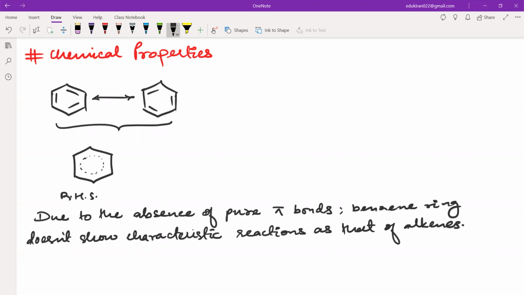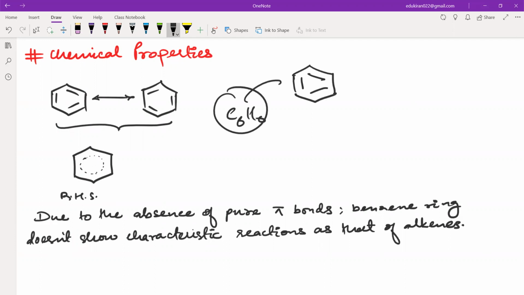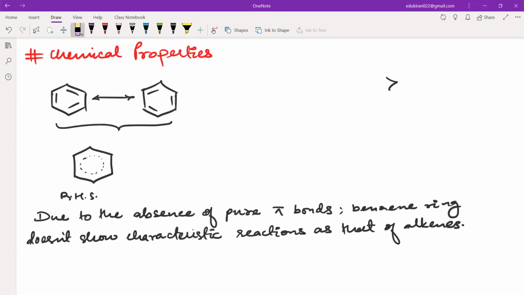So obviously it is nothing like an alkene. And initially when scientists saw this C6H6, they had in their mind this figure, that is benzene with alternate pi bonds. So they treated this with Br2. Br2 is brown in color. They expected that just by treating it with Br2 in dark, there should be some reaction happening, but it did not show any reaction. So generally benzenes don't show any type of addition reaction.